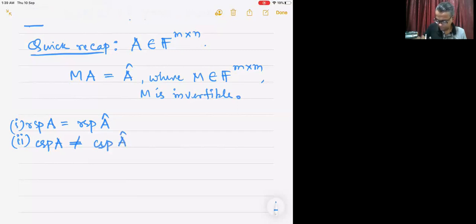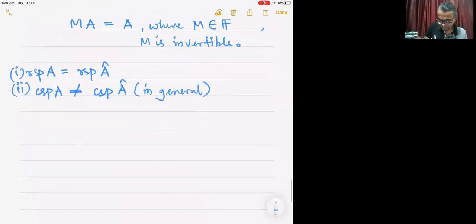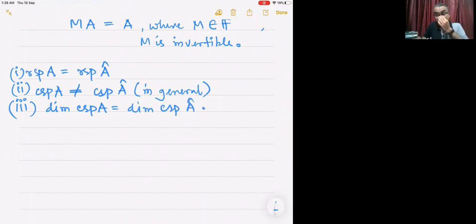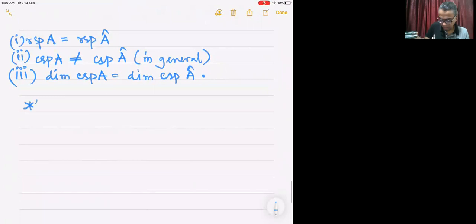For specific cases, it may be true, but in general, it's not true. But the surprising part is that the dimension of the column span of A is equal to the dimension of the column span of A hat. The dimension remains invariant.